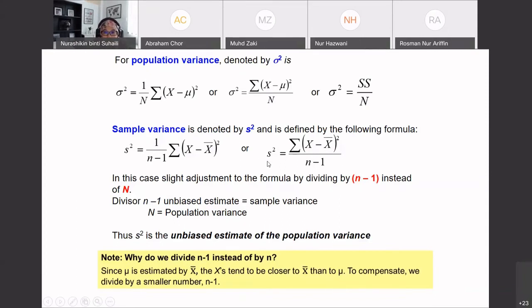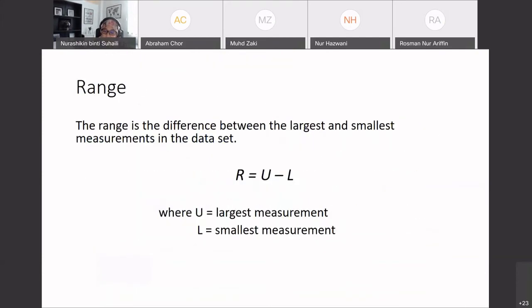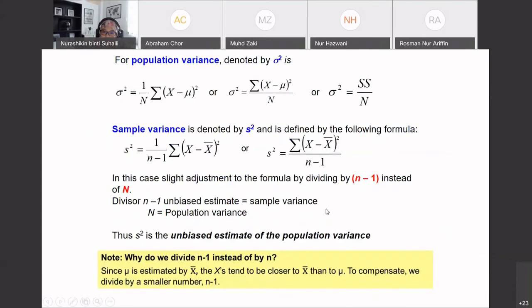The formula is divided by n minus 1 for the sample variance because it compensates, to make sure that the result is not over-predicted. That is the rule of statistics: n minus 1 instead of n for the sample variance, while the population variance is divided by n.